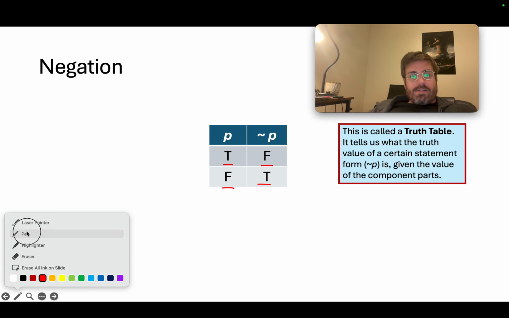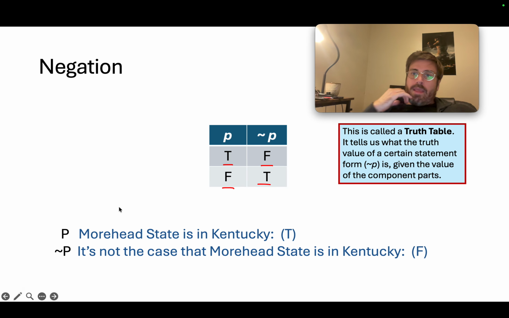So to put this into ordinary language, if we have a simple statement like this, Morehead State is in Kentucky, and we abbreviate that with the variable P. I could have used M to stand in for Morehead, but it doesn't matter. And I know that that statement is true.